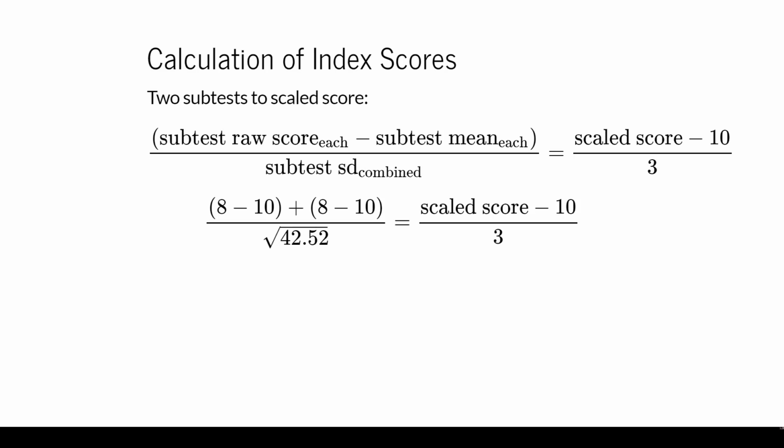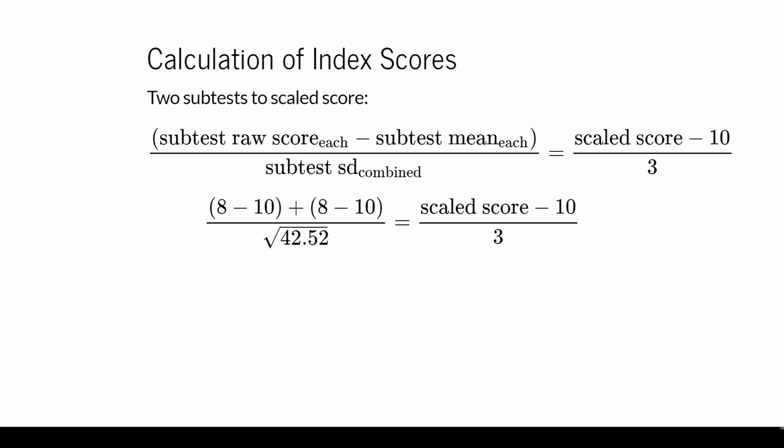And then for our combined subtest standard deviation, we plug in our combined variance, 42.52, square root. And then we're going to rescale this onto the scaled score. So we set that equal to what the scaled score would be minus the mean, over the standard deviation. And now we're just going to solve for what that scaled score will be.